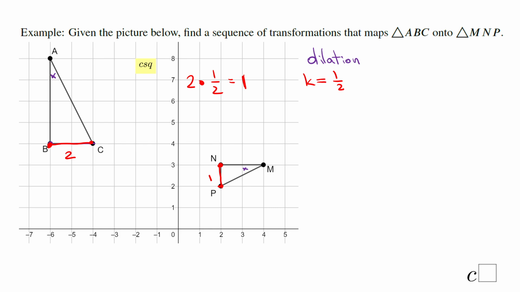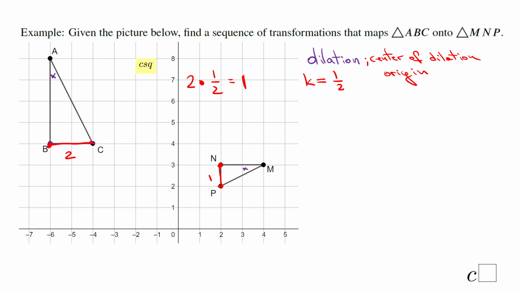Okay, now let's try to do that reduction, that dilation first. So how am I going to do that? And by the way, I will say dilation and center of dilation, origin. Okay, so I'm gonna try this guy, right?